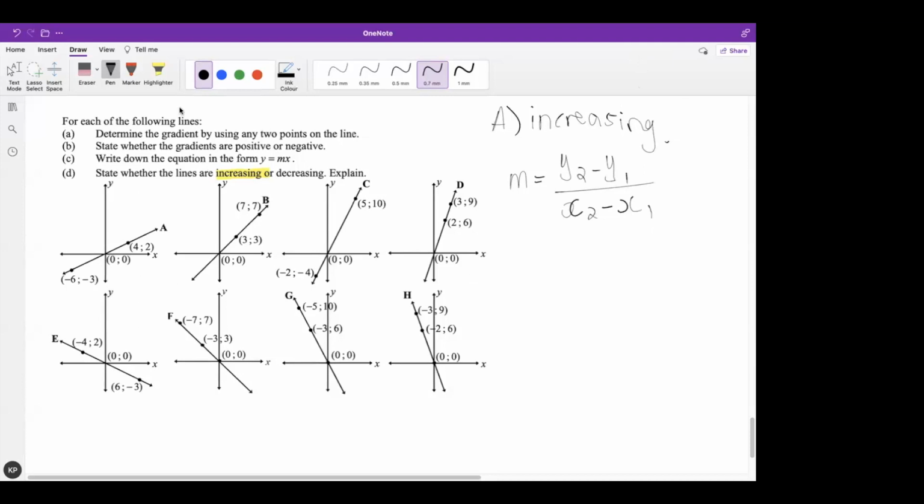Okay, so we have two coordinates here. Those are my x's and those are the y's. So let's substitute. Y2 is this one at the bottom here. So I'm going to say -3 minus y1, which is 2, over x2, which is -6, minus x1, which is 4.